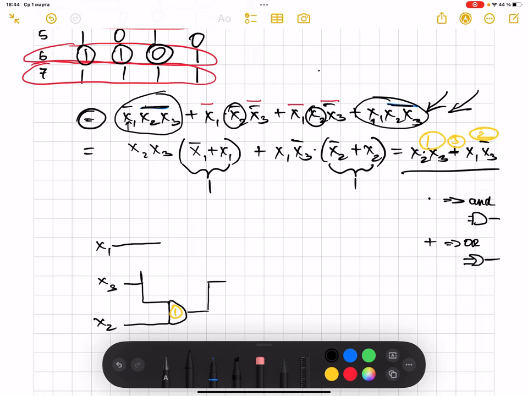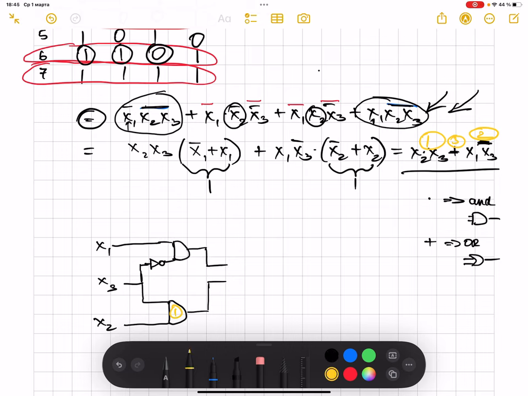So here we have x3 bar, okay? So I need an inverter here that makes the input inverted. If it's 1, it becomes 0, okay? So inverter, this bar. I have another AND operator here, and my input comes here.